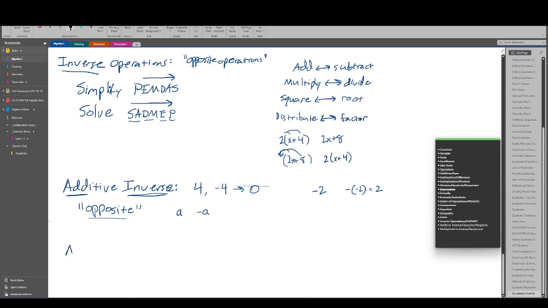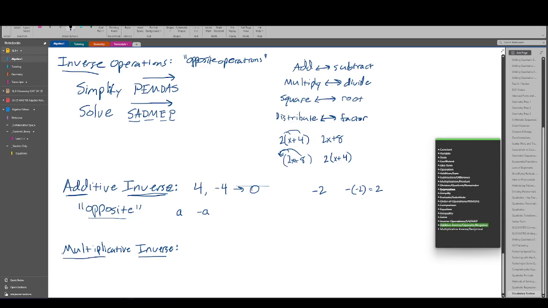The last thing we're going to define is not additive, multiplicative. So let me mark off additive inverse from our list, and we'll do the last one, which is multiplicative inverse. Again, that sounds like a big fancy word, but we see multiplication in it.